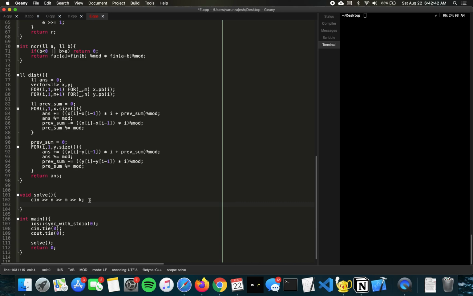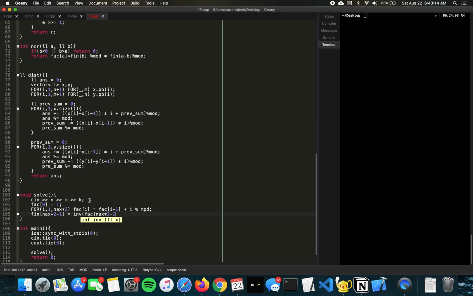So what we do is we initialize fac 0 as 1, and then for I between 1 and max times 2, fac I equals fac I minus 1 times I mod mod, and then fin of max times 2 minus 1 equals inverse fac of max times 2 minus 1, and then for int I equals max times 2 minus 2, I is bigger than or equal to 0, minus minus I, then we would set fin I equal to fin of I plus 1 times I plus 1 mod mod.